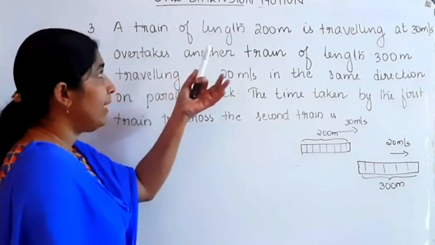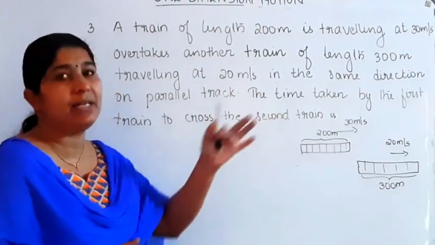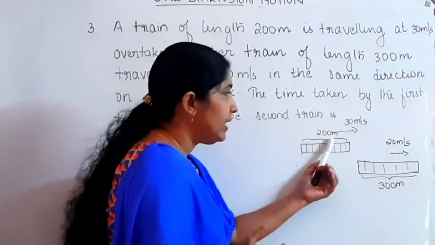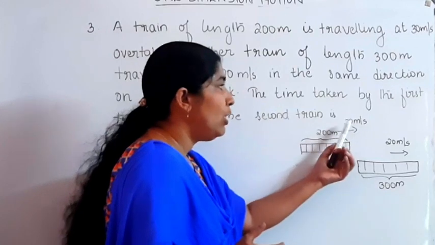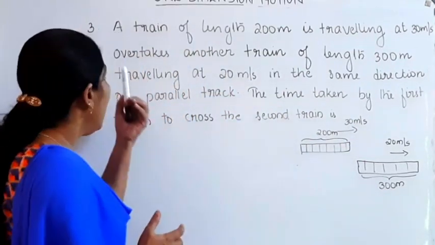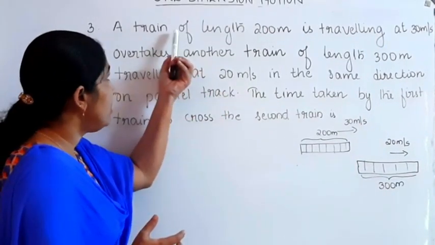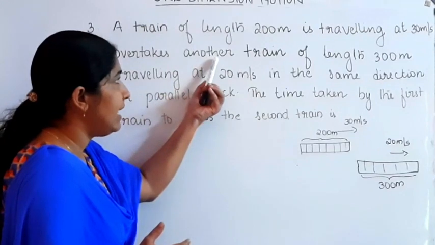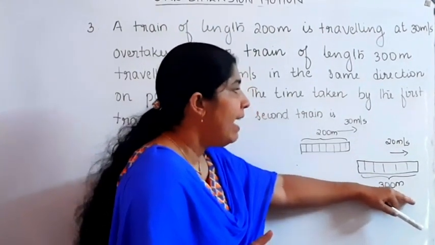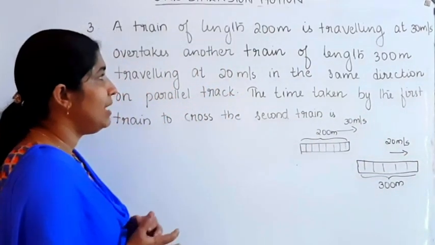A train of length 200 meter is traveling at 30 meter per second. Okay, the first train of length 200 meter, traveling with a velocity equal to 30 meter per second, overtakes another train. The first train overtakes the other train, which has a length of 300 meter and moves with a velocity equal to 20 meter per second.